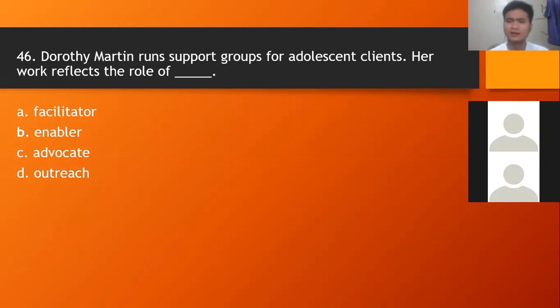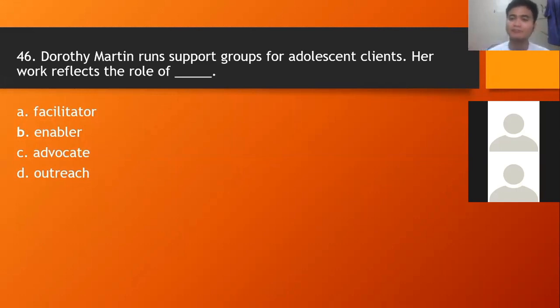Pero may mga, di ba, as we all know, based on our theory, na pag adolescent, yung role identity versus confusion. Bibinata, may problema. Enabler yung tamang answer dito because you're trying to point out what is the problem. You're helping them. You're assessing them.